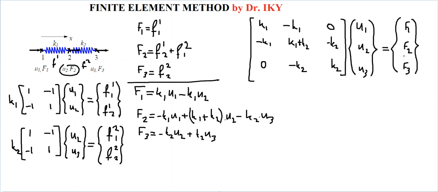This is an assembly form, and this time we can write in capital letters K multiply U is equal to F. K is the stiffness matrix, this time not of an element.